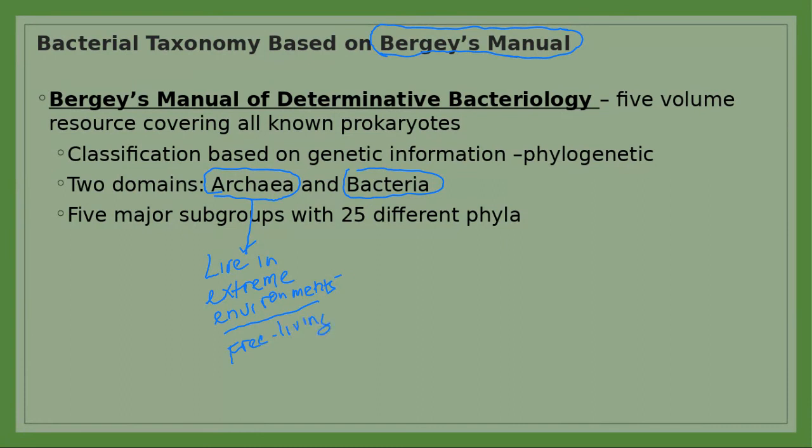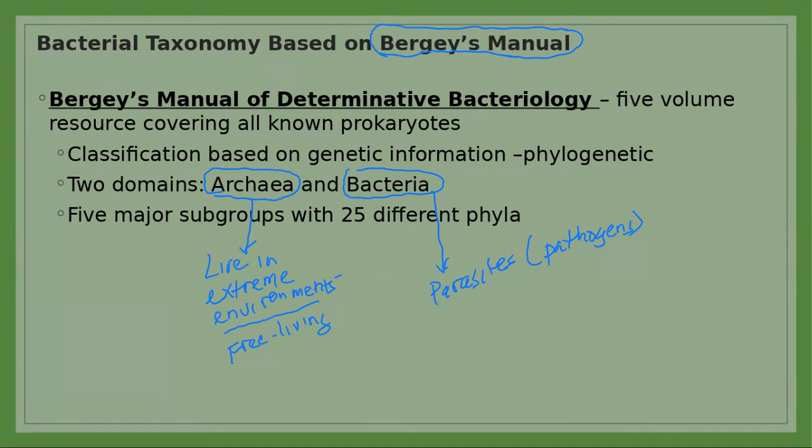And the second domain will be bacteria. This is regular bacteria. Some of them may be free living, maybe parasites, or causing disease to us, sometimes also known as pathogenic bacteria. Some of them may cause disease to humans, other animals, plants, etc.